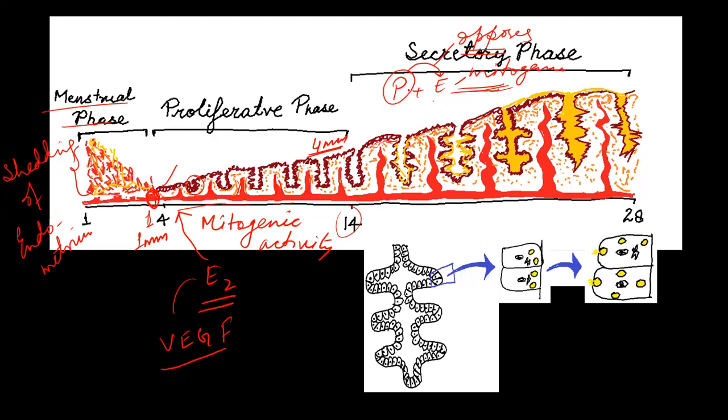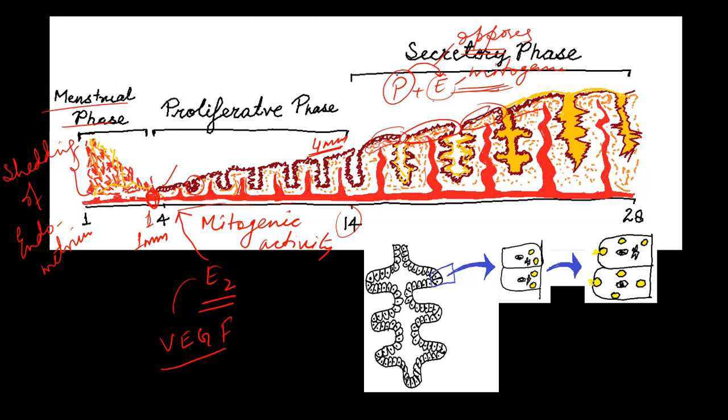There is no opposition to the mitogenic activity of the estrogen in this component. So this part will be compacted because the stromal cell division still continues. But in the other components, there is no cell division. Here you can see superficial stromal cells will continue to divide and become compact, and in the middle part and the glands and all, there is no cell division.